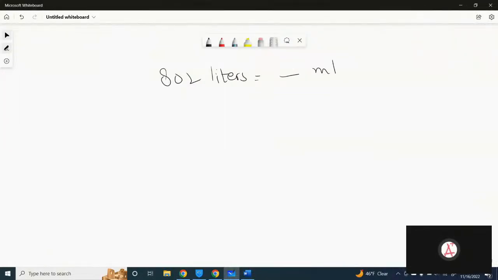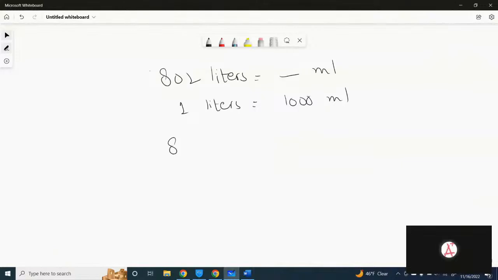So you have to convert from liters to milliliters. Got it? So you have to learn the basic conversions. In 1 liter you have 1000 milliliters. Got it? So just form the proportion.